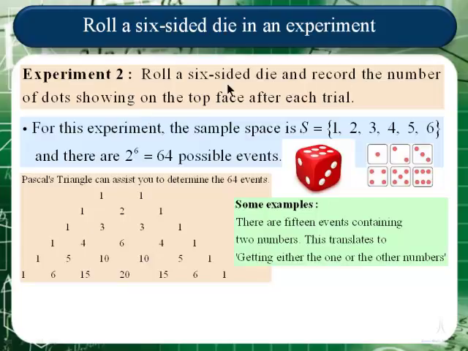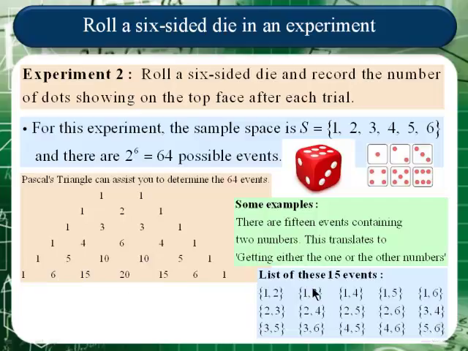Here we're talking about getting one of two numbers. So I could easily list these 15 events. You can either get a 1 or a 2, a 1 or a 3, a 1 or a 4, 1 or a 5, 1 or a 6, so that's 5 already, a 2 or a 3, a 2 or a 4, a 2 or a 5, a 2 or a 6.